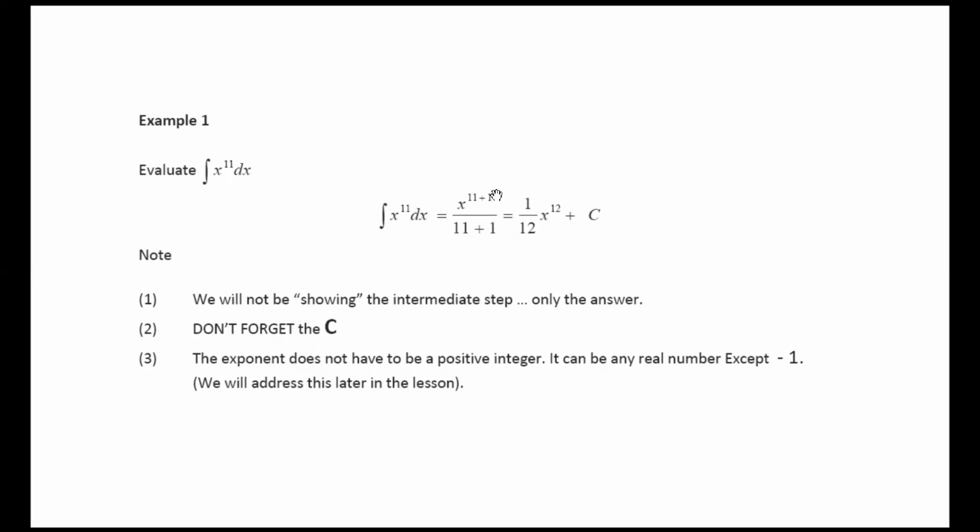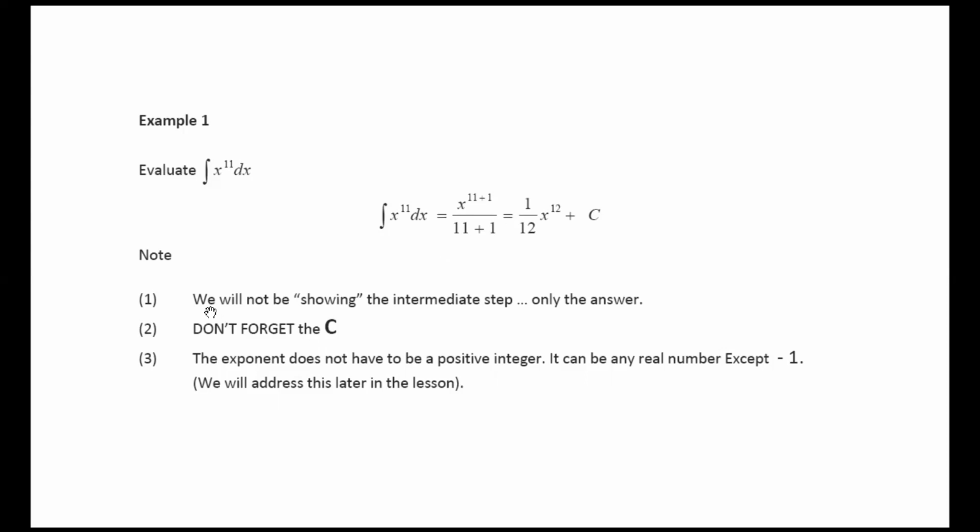Now, we do not need to see this step, and we will not be putting this in the future. We just wanted to emphasize the fact that you're adding 1 to the exponent and dividing by the new exponent. We want you to take it right to the answer, okay?